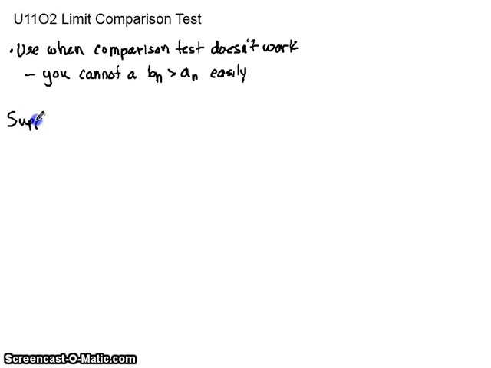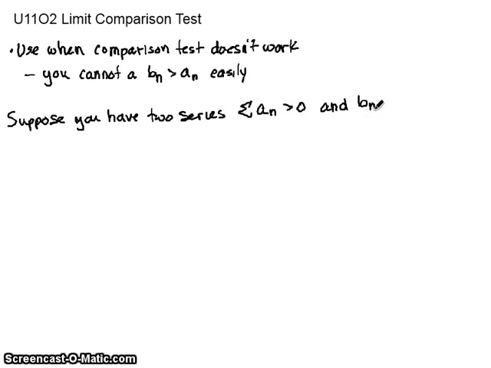So again, we're going to suppose we have two series. And again, we're going to call them the sum of a of n, which we'll say has to be greater than 0, and the sum of b of n, and again, let's make sure that's greater than 0, for all n.